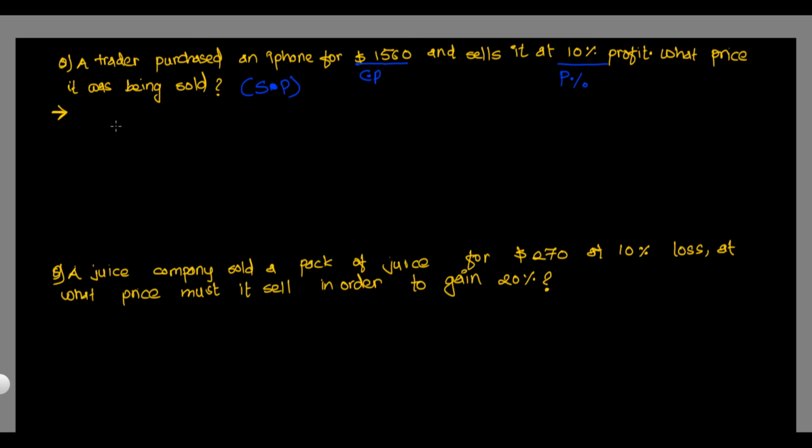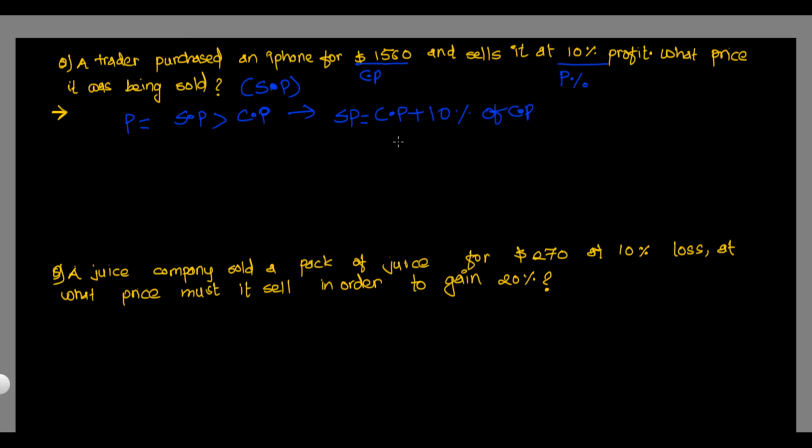Whenever the trader gains profit, your selling price is greater than your cost price. So what will be your selling price by the given condition? Our cost price is 1560, whereas we are getting 10% profit out of it. So our SP will be the cost price plus 10% of our cost price.